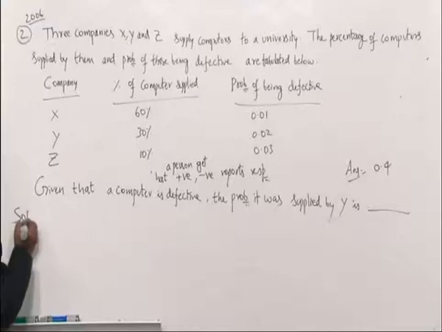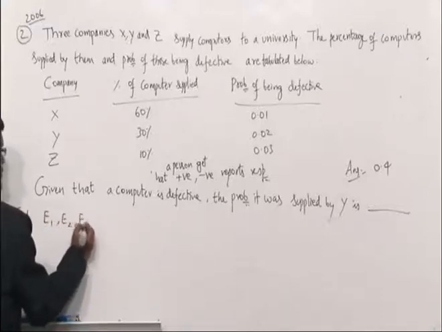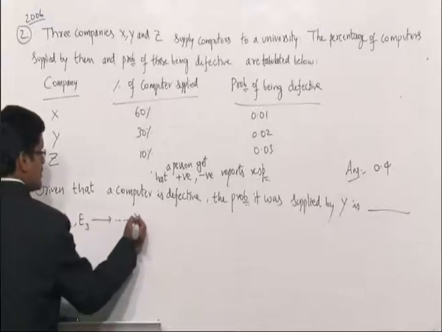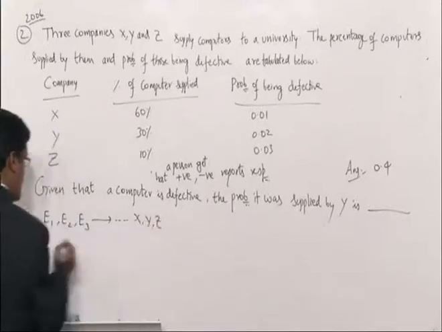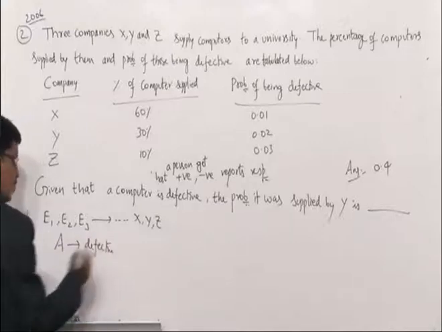So hints I am giving: E1, E2, E3, X, Y, Z company. A event defective.